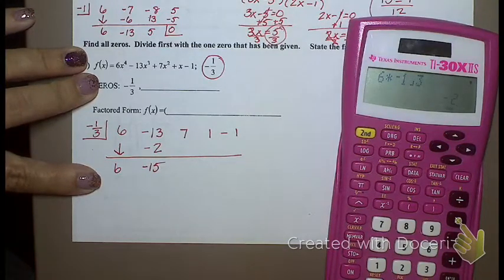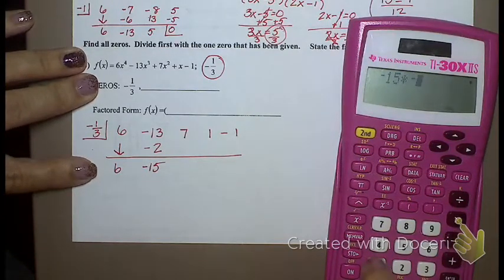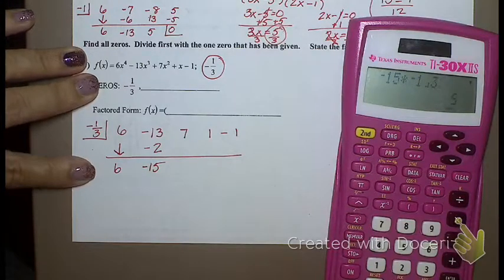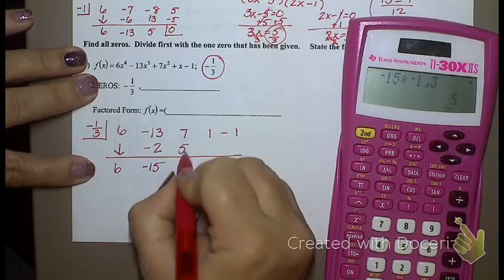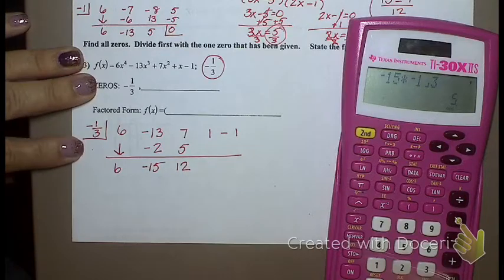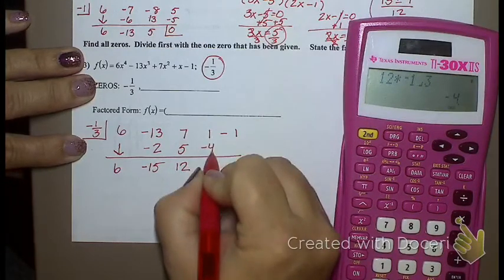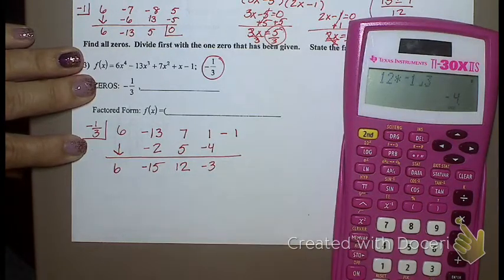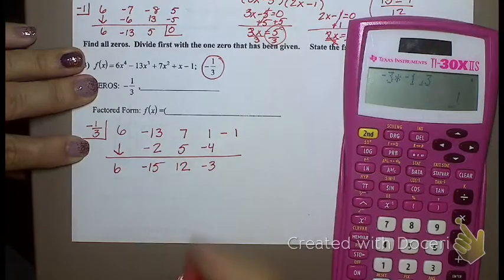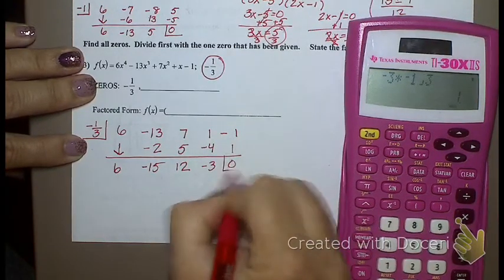So now negative 15 times negative 1, fraction button 3, 5. 7 and 5 are 12. 12 times negative 1, fraction 3 is negative 4. 1 minus 4 is negative 3. And negative 3 times negative 1/3 is 1. There's my 0.